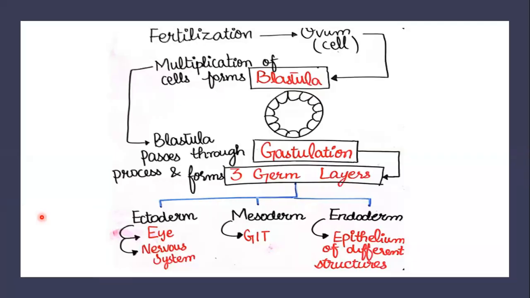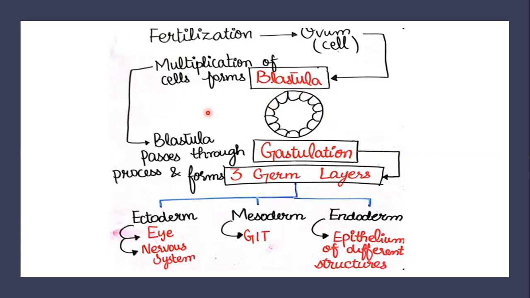Then this cell starts to multiply. Any cell that starts to multiply will form a blastula. Over here you can see it was just a single cell that started multiplying and is forming a blastula. And the membrane of the blastula is the blastoderm.